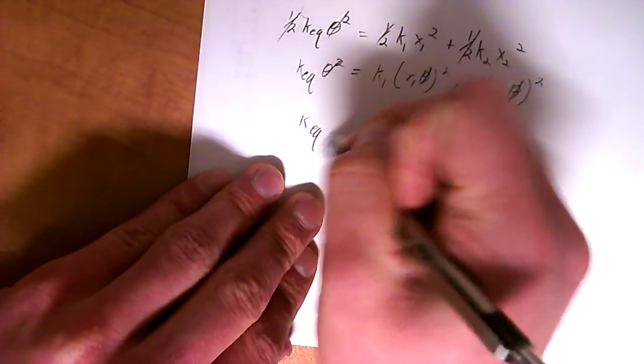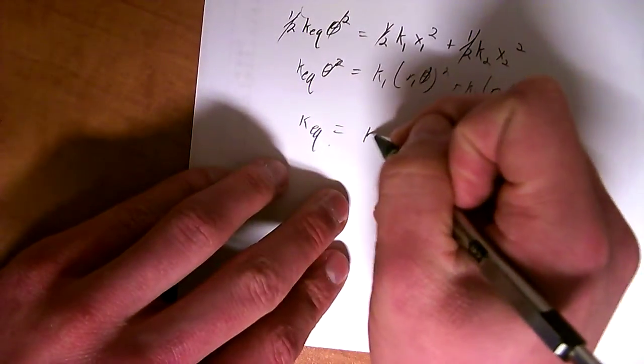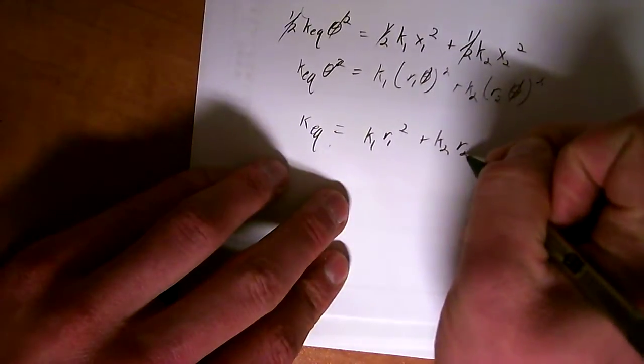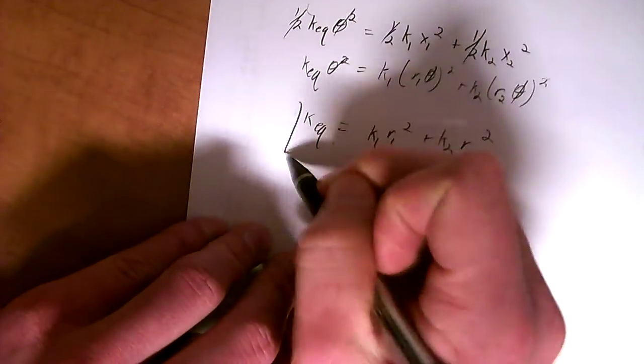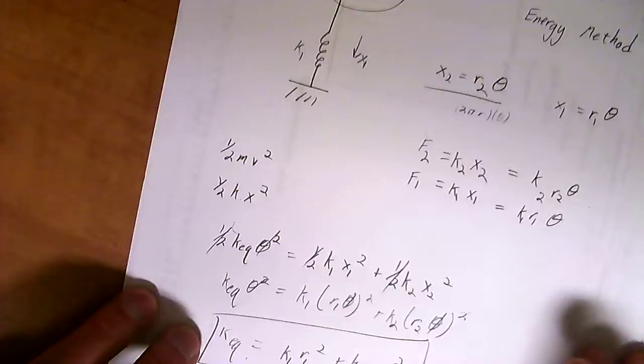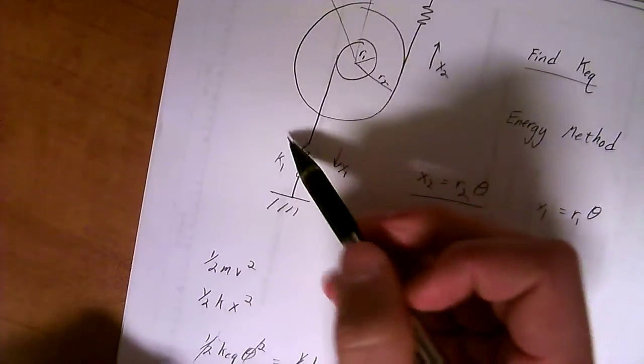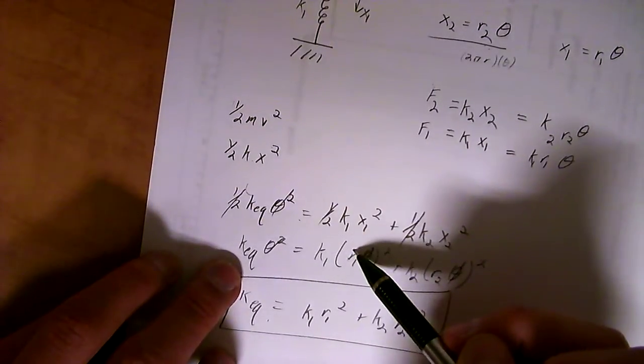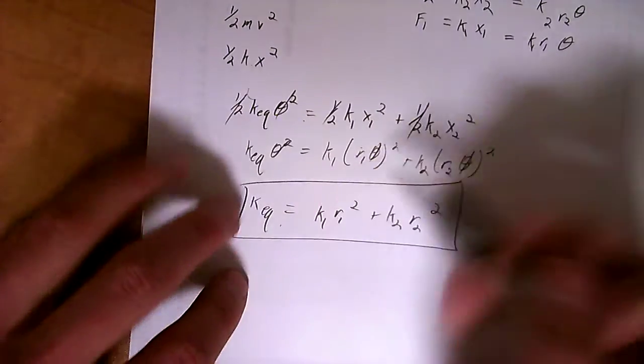So k equivalent is then equal to k1 r1 squared plus k2 r2 squared. And that is your equivalent spring constant for this rotational system. So you go through, find out what the x's are, and then stick those x's directly into the energy equation and solve out for k equivalent.